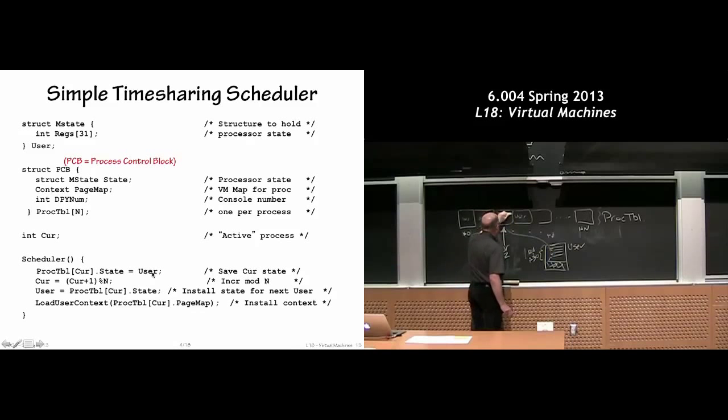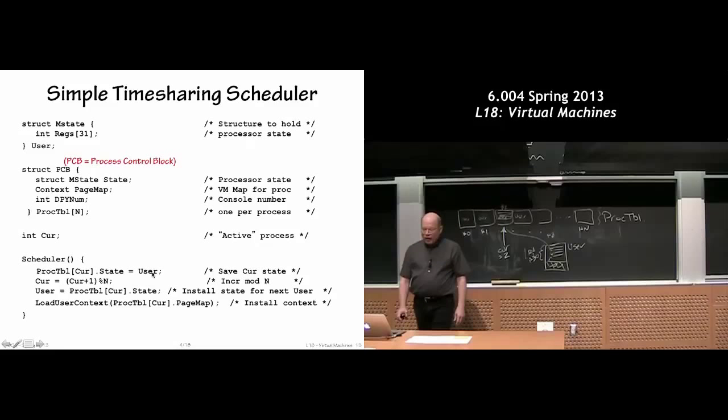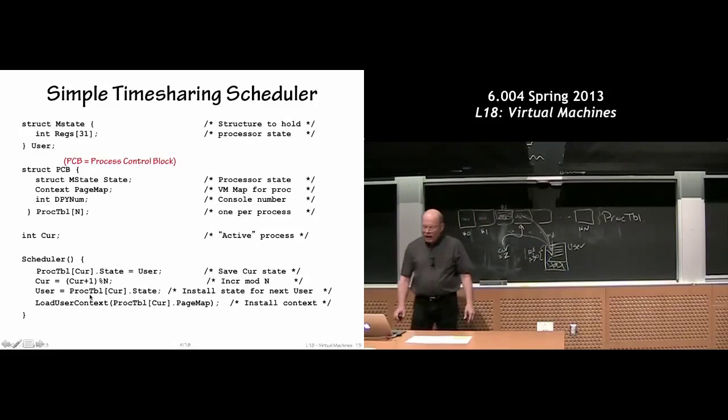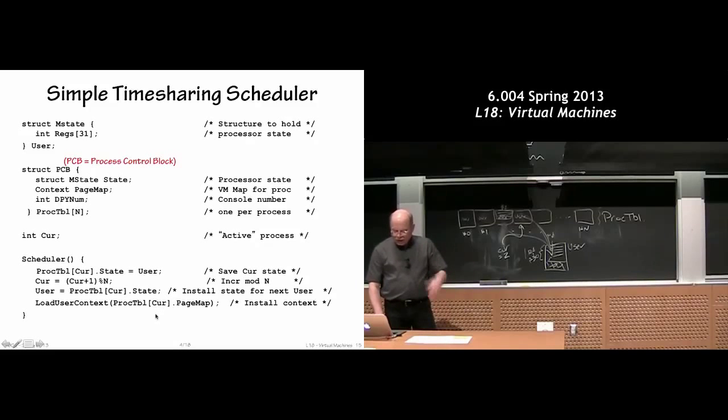I'm going to copy it to another place in the kernel memory, but this array here is specific to process number 2. I'm going to save it away there. I'm then going to change the current process to process 3. And then I'm going to copy all of process 3's registers back here. And then I'm going to go ahead and set up the page map, anything else I need to do to start running process 3. And then I'm going to return from the scheduler call.